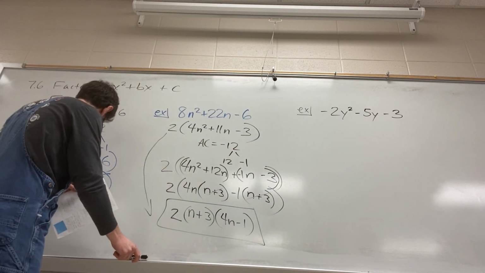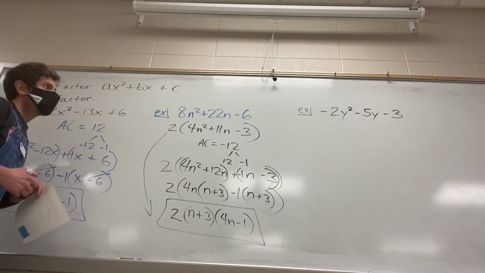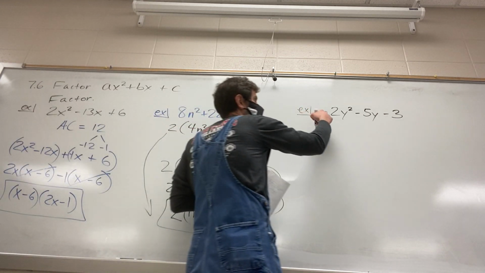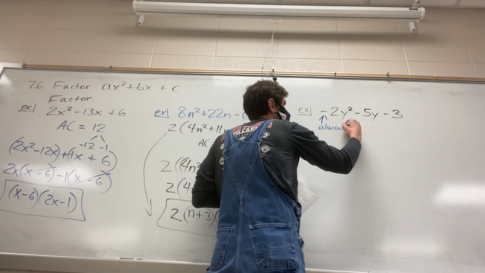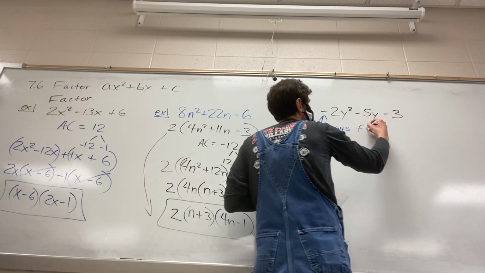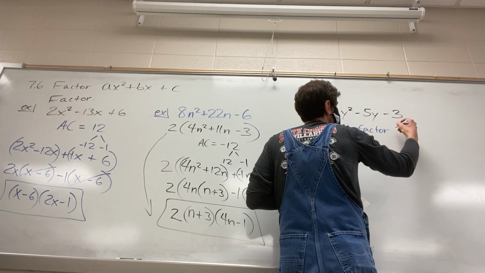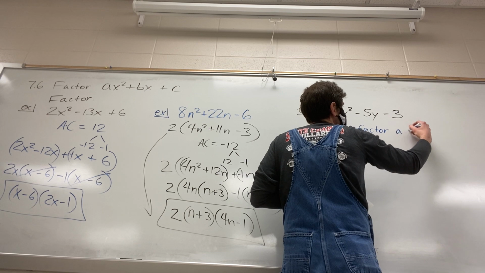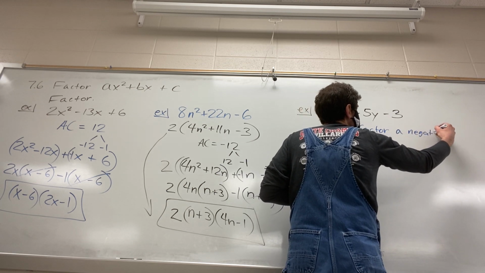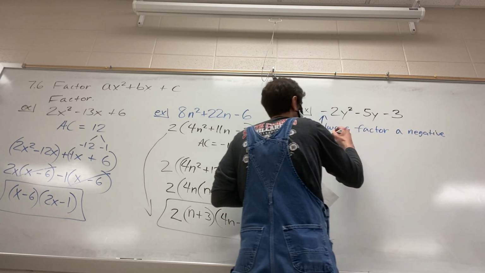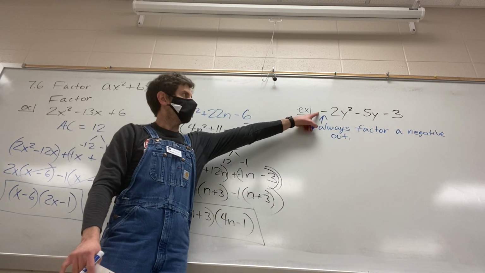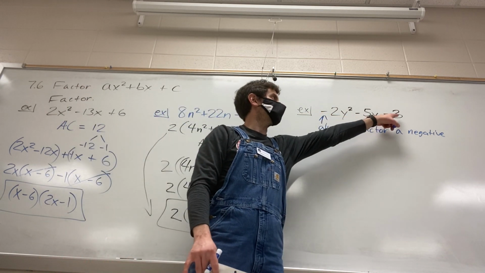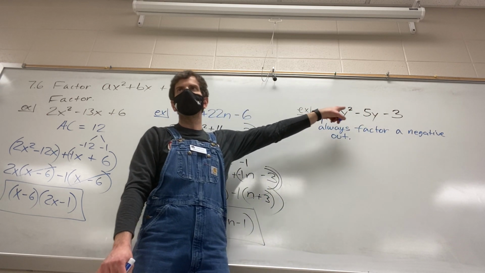Here's the thing. Whenever there's a negative out front, always factor it out. Whenever you see a negative out front, always factor out a negative 1. Are you guys with me on this?